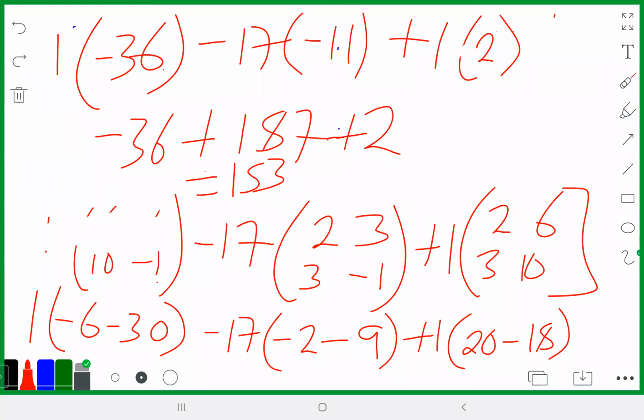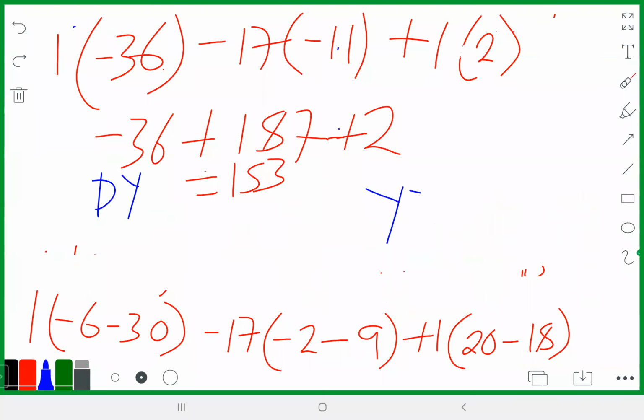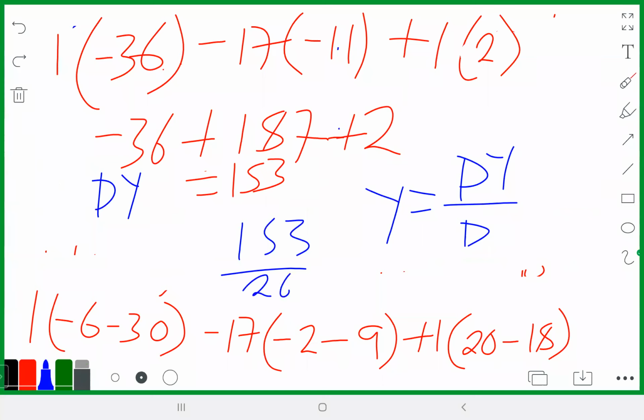So this is the determinant of what? Of y. Is that clear? That's for the determinant of y. To find the y variable, you say determinant of y all over the general determinant. So it will be 153 divided by 26.